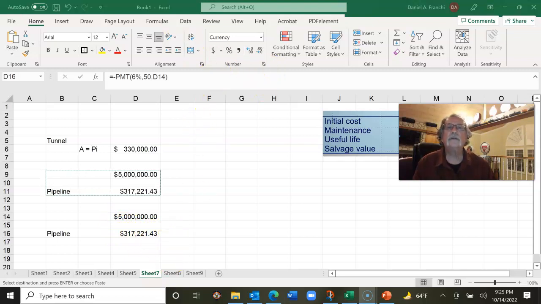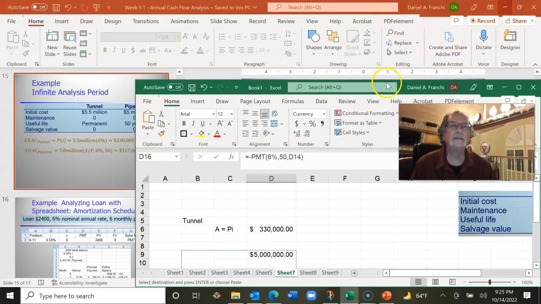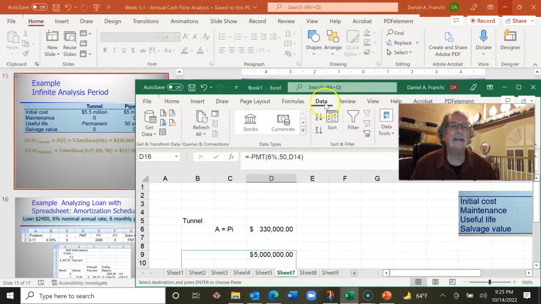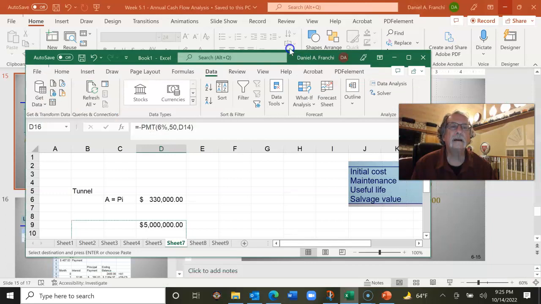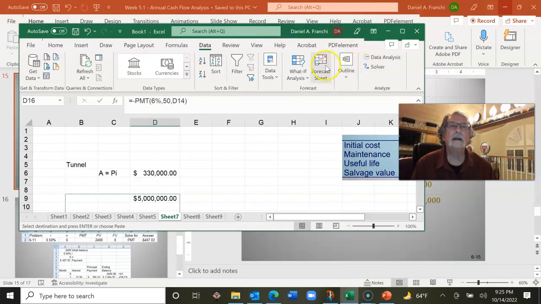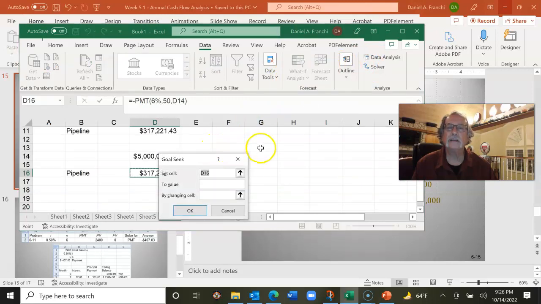So what we do is we go into, let's see if I can do this a little bit. I want to go into data, what-if analysis, goal seek.